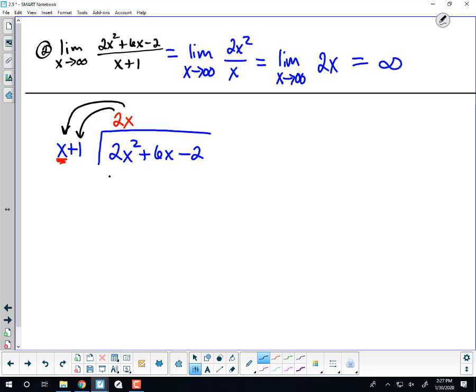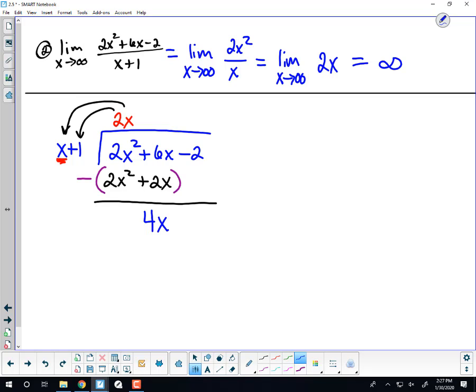So we have our 2x squared plus 2x times 1. And then what did we do? Subtract. Yeah, you have to subtract it, just like numerical division. Here we have to subtract off that polynomial. So we subtract off all of this. 2x squared minus 2x squared is 0, 6x minus 2x is 4x.